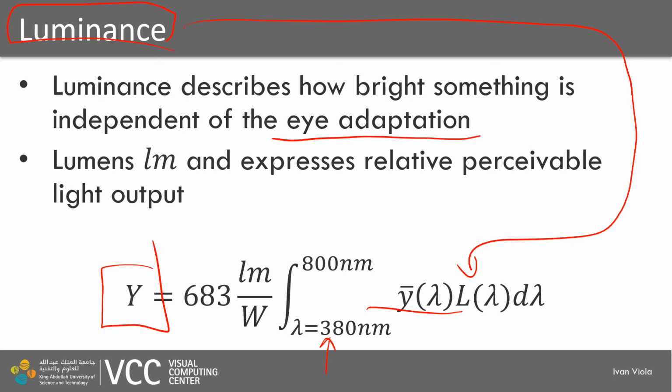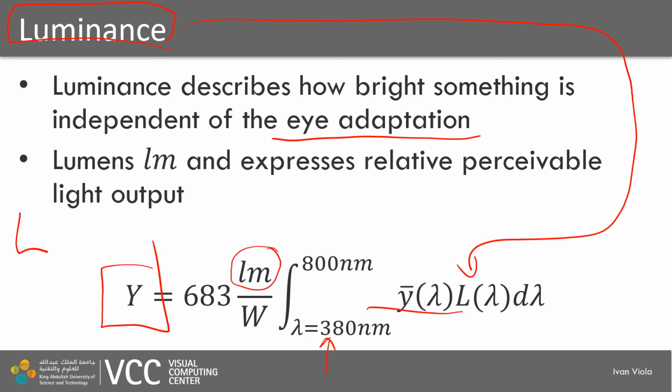Luminance is often denoted by L, but keep in mind that we were using L for the radiance, and it would be of no help to mix up the radiance and the luminance, so the radiometric and the photometric quantities.